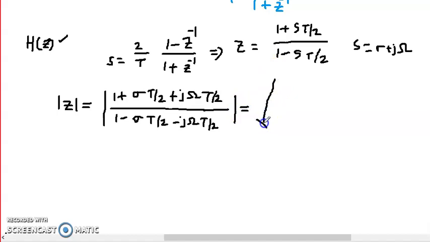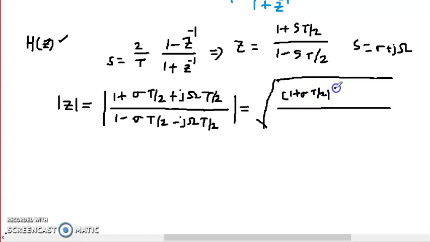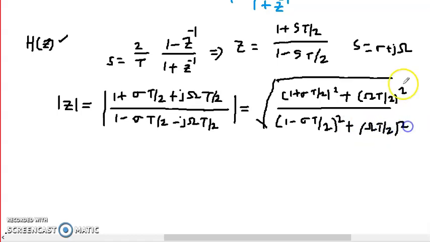Its mod will be the square root of (1 plus sigma T by 2) whole squared plus (omega T by 2) whole squared, over (1 minus sigma T by 2) whole squared plus (omega T by 2) whole squared. This will be the mod of z.